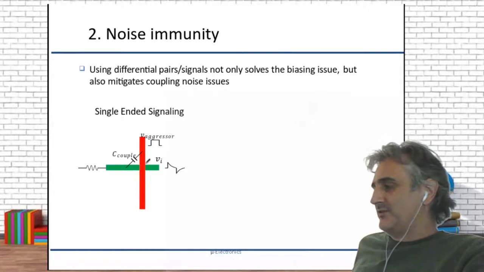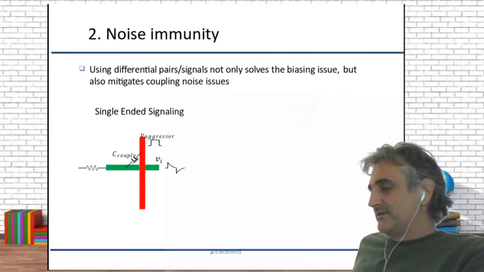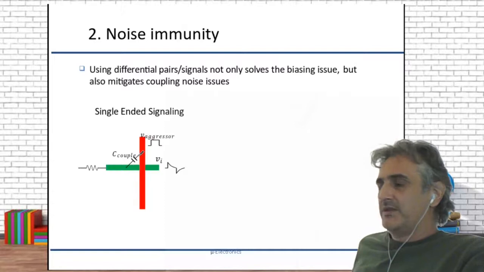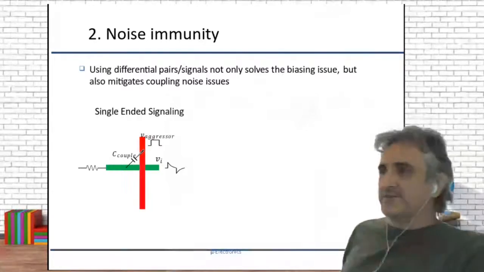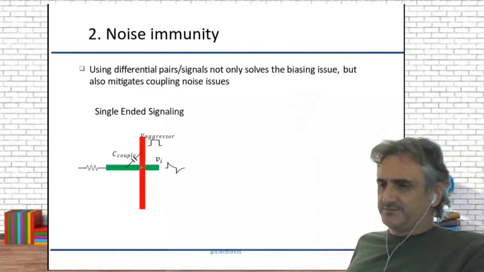If you remember, a capacitor at high frequency is just an impedance, so signals can go from one line to the other through this capacitor. This is called capacitive coupling, and it's a very big problem in integrated circuits.